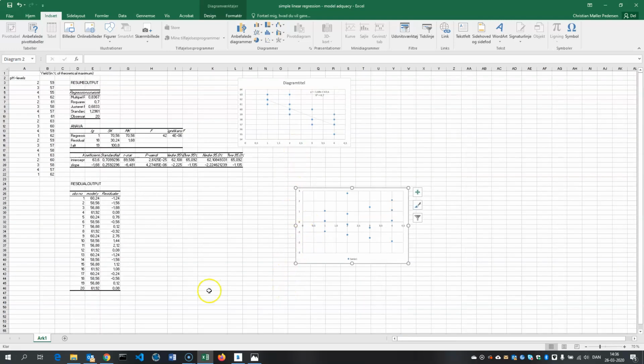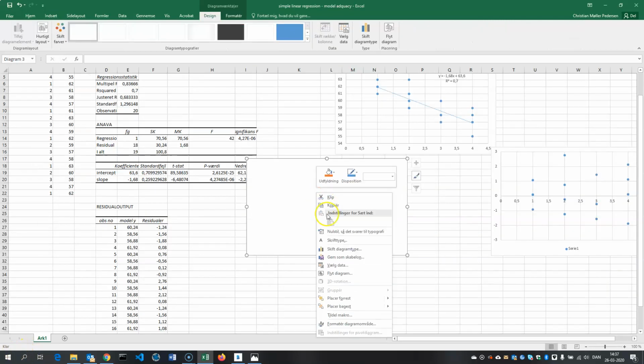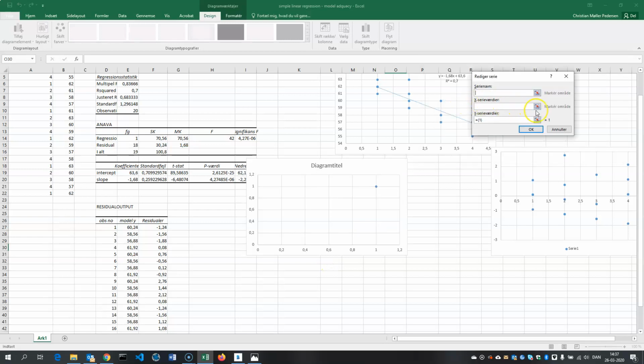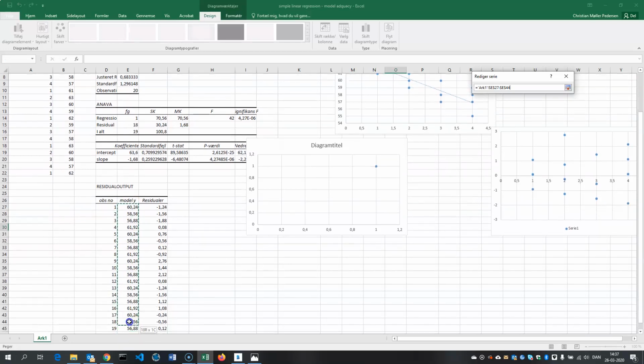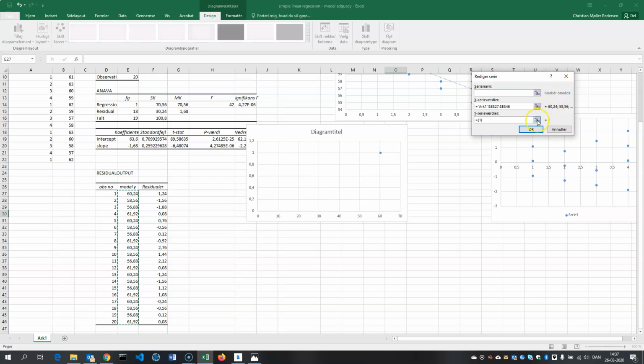Oh, there it is. And I'll select the data. This time for the x values, I'll choose the modeled response here. And for the y values, I'll choose the residuals.